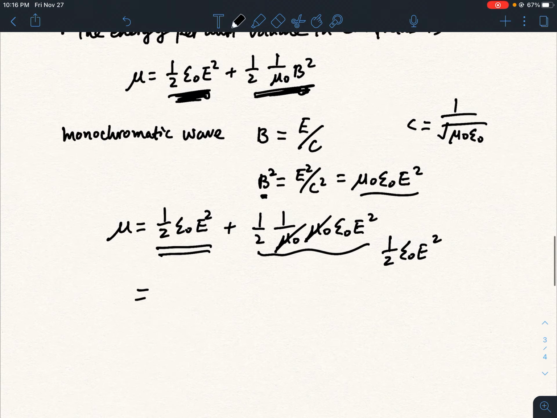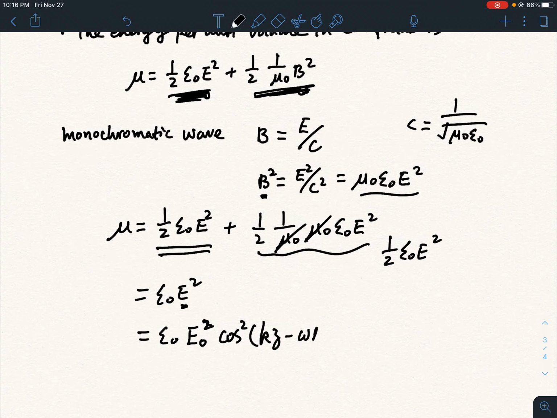Because each one is half, we really just have epsilon 0 E squared. And for the E, we have the magnitude and we also have the wave one, which is cosine of kz minus omega t plus some phase angle.